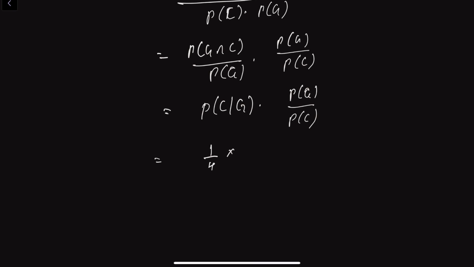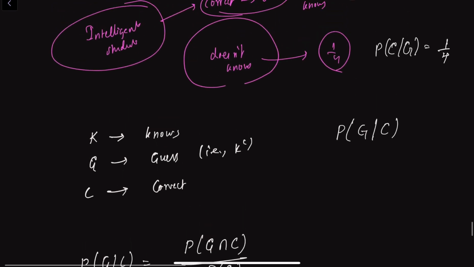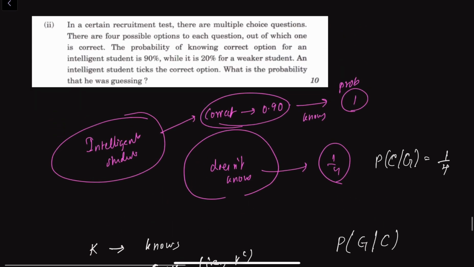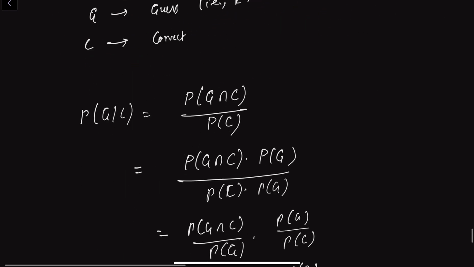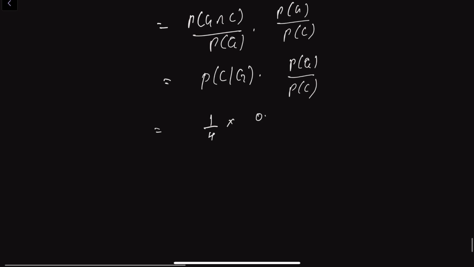And the probability of G, the probability that he is guessing: when will he guess? He'll guess when he doesn't know the correct answer. So 0.90 is the probability that he knows the answer, and the probability that he will guess is the probability that he doesn't know, that is 0.1, divided by the probability of correct.